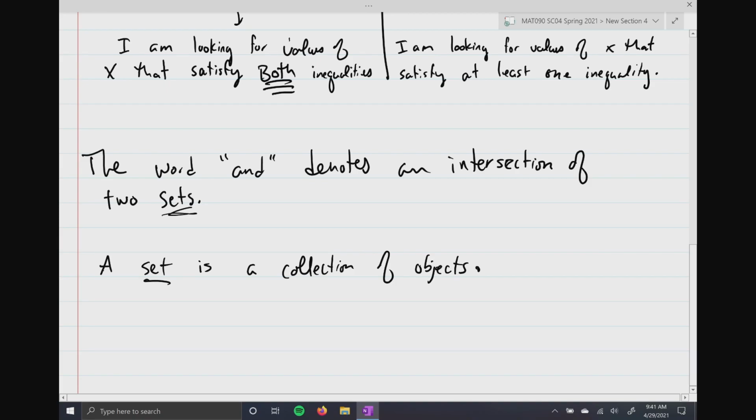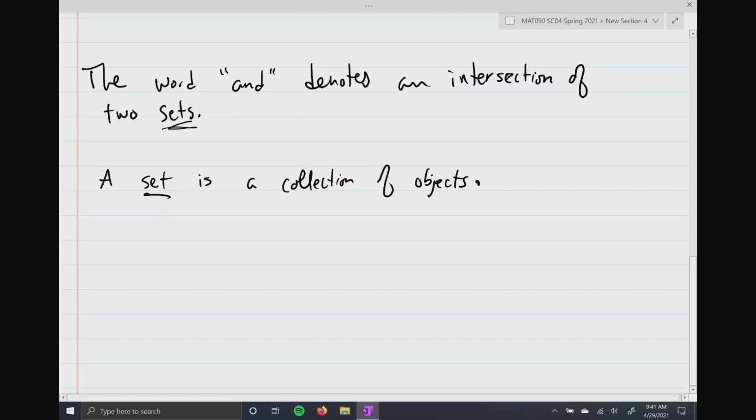But for now, I think a set as a collection of objects is pretty good. For example, I can create a set in this room right now. That could be the set of students and the set of professors. The set of students, that's all of you. The common characteristic is you all enrolled in the class. The set of teachers is me. I'm the one teaching the course.